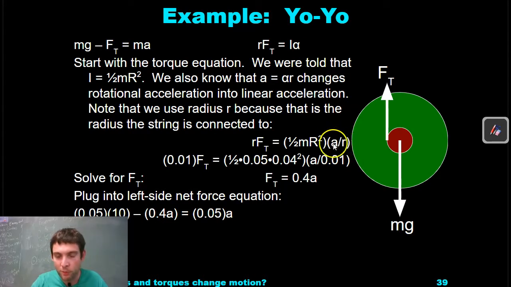We've also used one of our bridge equations to get our alpha. That's why that chart that we did way back in 7.1 is so important. Plugging in to the net force equation, we get 1.11 meters per second squared.